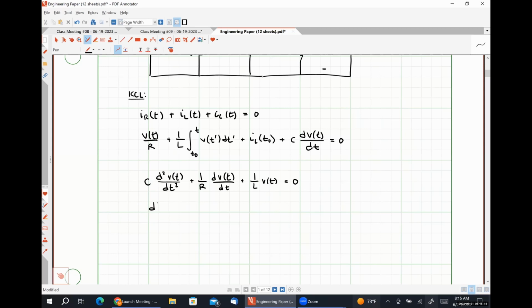That's going to leave me with d squared v by dt squared plus 1 over RC dV by dt plus 1 over LC V is equal to 0. And this is the homogeneous second order differential equation that describes our circuit.